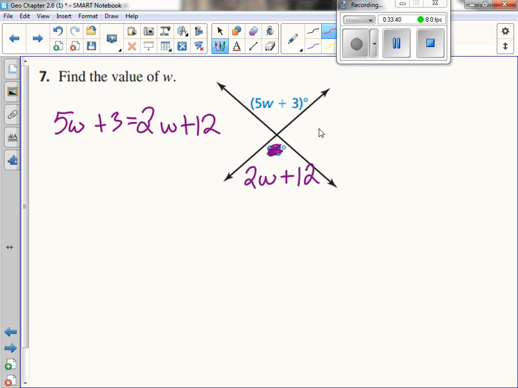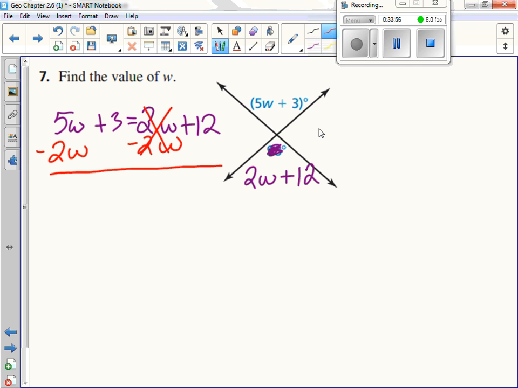So the first thing we would need to do is to get the variables on one side. So do we want to move the 5w or move the 2w? 2w. By subtracting 2w from both sides. This 2w minus 2w would be 0. 5w minus 2w would be 3w.